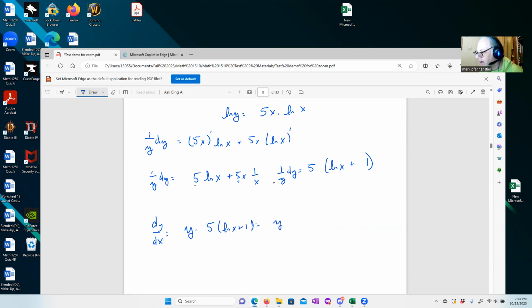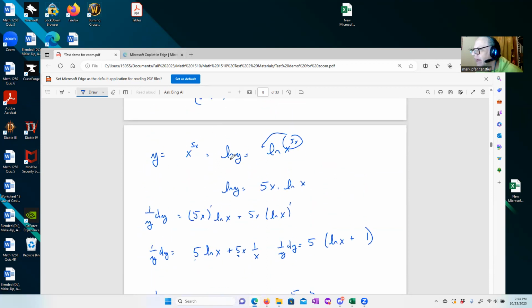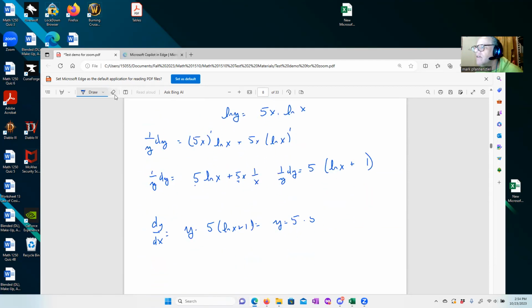What was y? That was x to the 5x. So it looks like we have 5 x to the 5x times the natural log of x plus 1. Beautiful. And that's the simplified form.